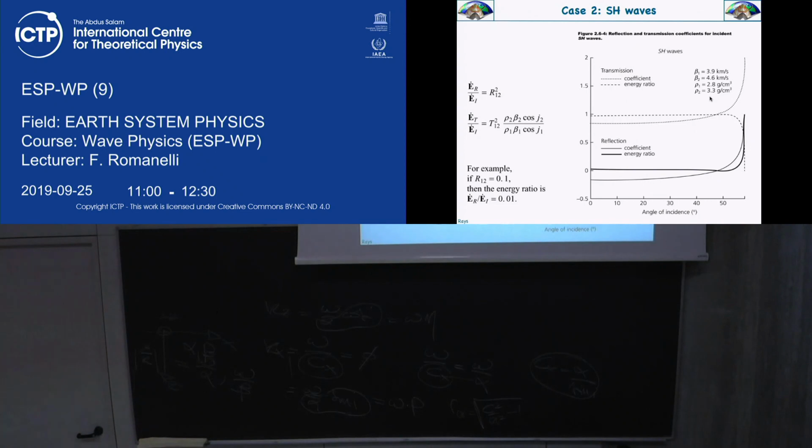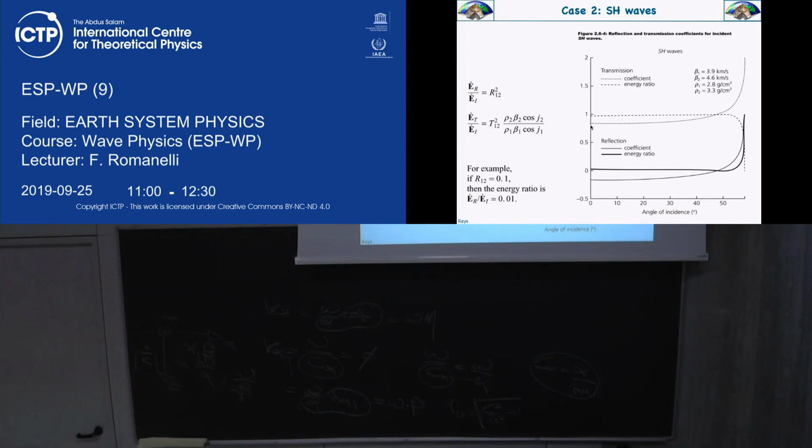Now, what do we see here? Well, we have some lines. Some lines are referring to the coefficient of transmission and reflection, and the other one is the energy ratio. Now, wait a second, because this is important. Let's give a look to, for example, transmission coefficient. What's going to happen there?